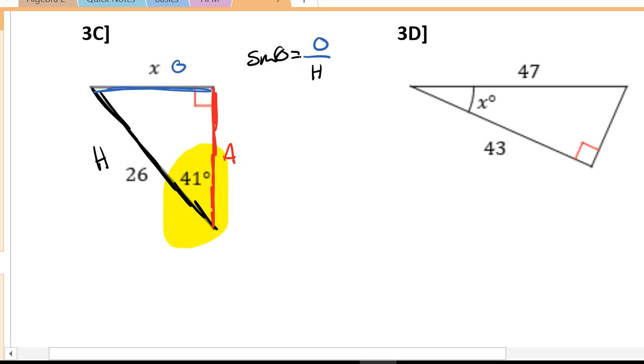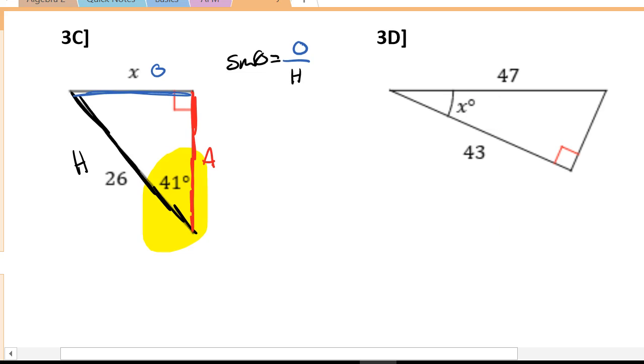Now, it's important to note that if I'm looking ahead to 3D versus 3C, I'm looking for a side length in question 3C, versus in question 3D, I'm actually looking for an angle measure. So I know in 3C that I'm going to use regular trig and define the trig ratio here, versus 3D where I'm going to use the idea of inverse trig to help me solve.